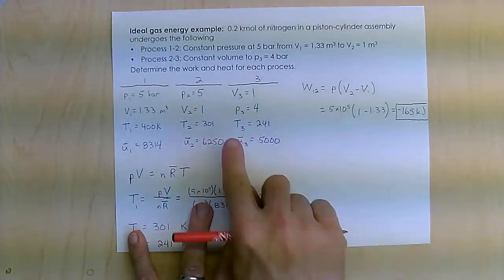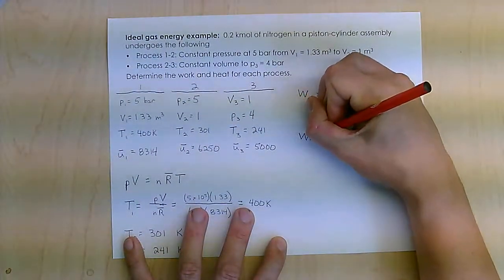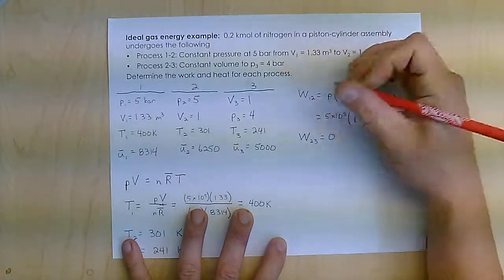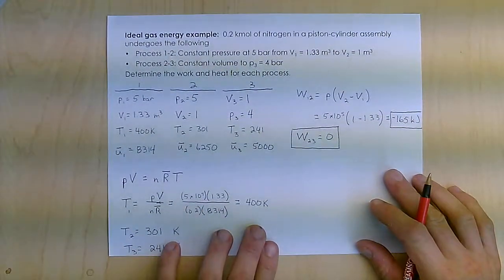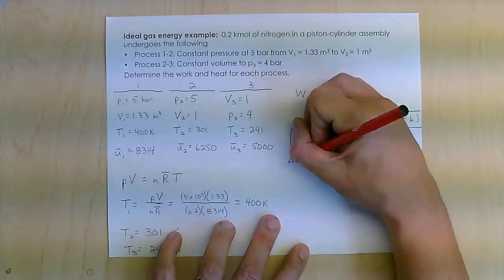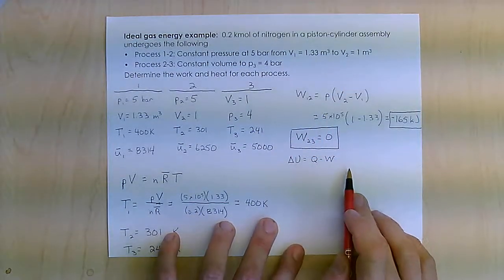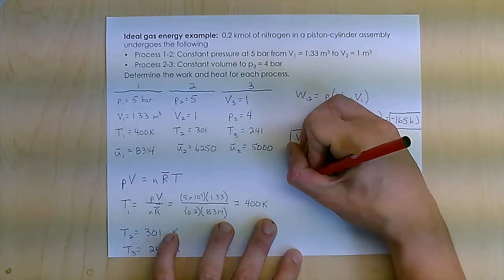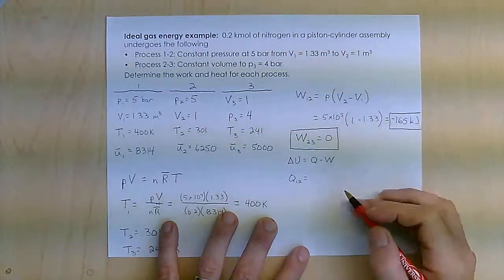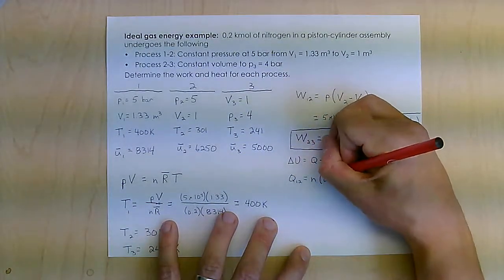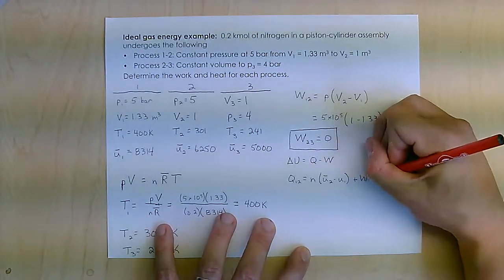Now, 2 to 3 is a constant volume. Constant volume means delta V is 0, means the work from 2 to 3 is 0. Now, I'm going to use my first law equation, which is the change in U equals heat minus work, to find my heat. That means Q 1 to 2 is N times U bar 2 minus U bar 1, plus work 1 to 2.